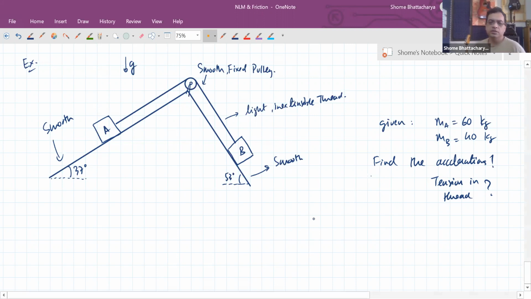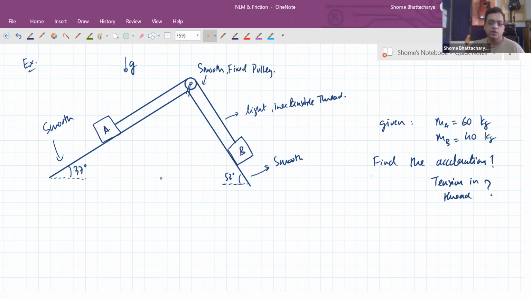So obviously what we'll be doing here is we'll be applying the free body diagram method to understand the accelerations of the two blocks. Okay. And now one thing I might want to point out here is that because the masses of the two blocks are different, and the heavier block is on the side which is having lesser inclination, it's a bit tricky in the beginning to understand which direction the acceleration will happen in.